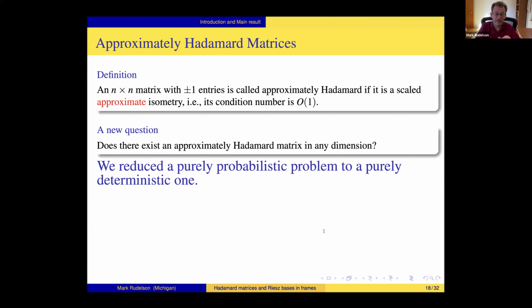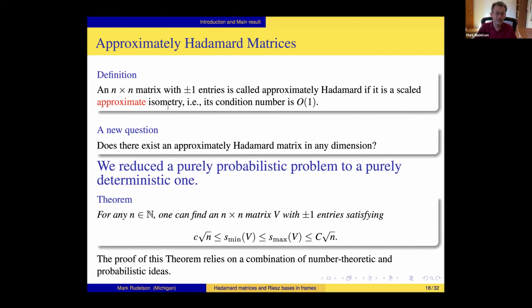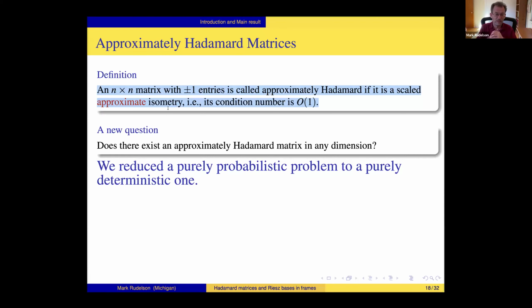By the way, what we did here, we completed the proof modulo one statement, and now if we know that the approximate Hadamard matrices exist, then we have proved the existence theorem.